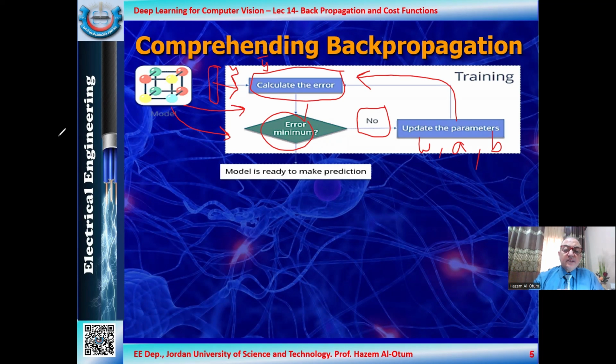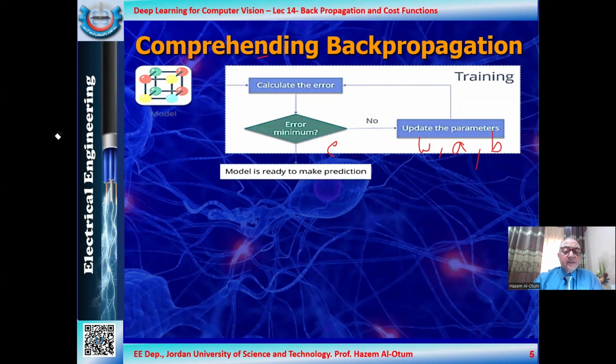You repeat the same process again and again until you get the error minimized as you required from the beginning. When the answer is yes, you stop, and your model is already trained and ready to be applied to the data set, I mean the training data set.